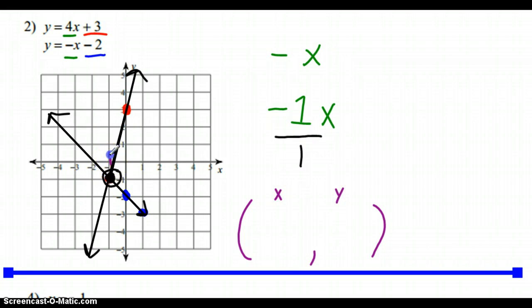So I'll say, how far did I go to the left? Well, it looks like a -1. Then we'll decide, how far down did we go? Well, we also went a -1. So the answer for this system of equations is -1 and -1, because that is the coordinate point that both of these lines cross through.